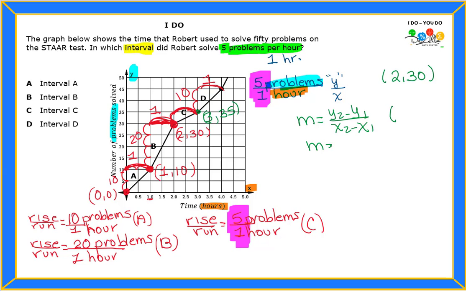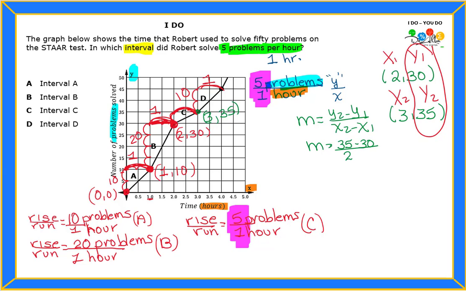So we'll write it down here. 3 and 35. Let's write down labels here. So my labels are x sub 1, y sub 1, x sub 2, and y sub 2. Let's circle this, because remember that's my numerator. So y sub 2 is 35 minus 30, and x sub 2 is 3 minus 2.